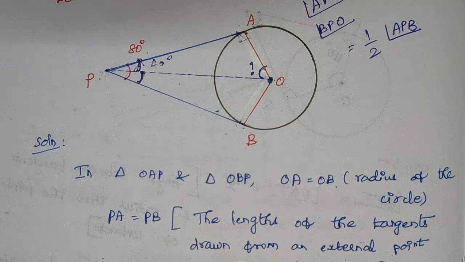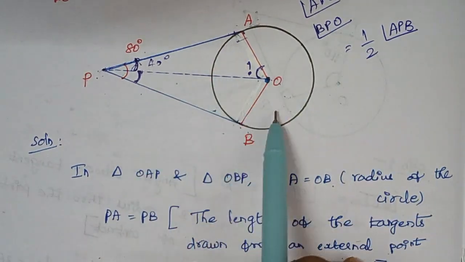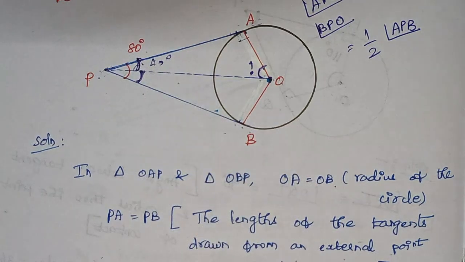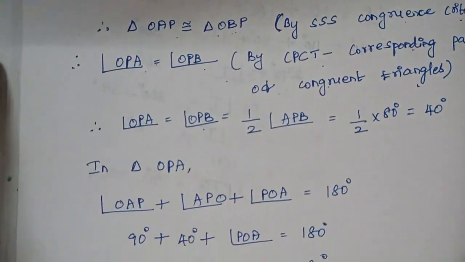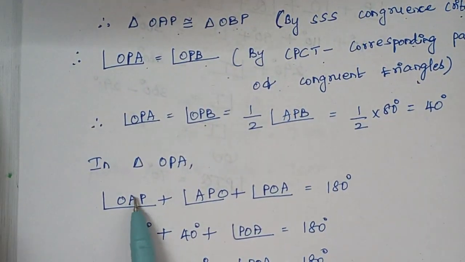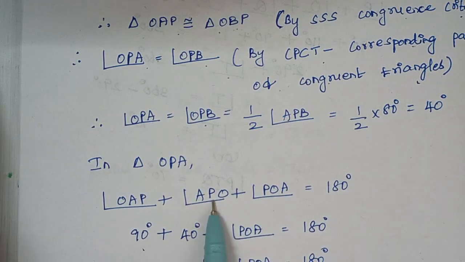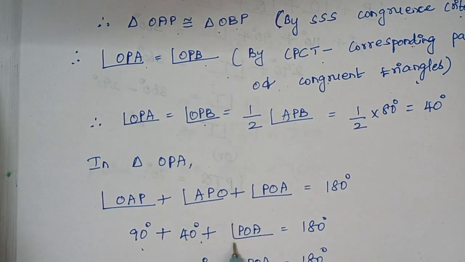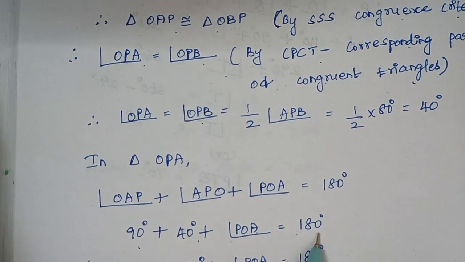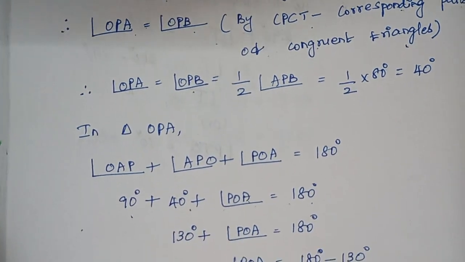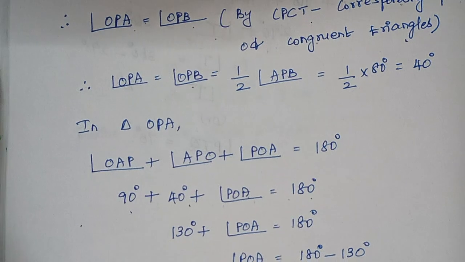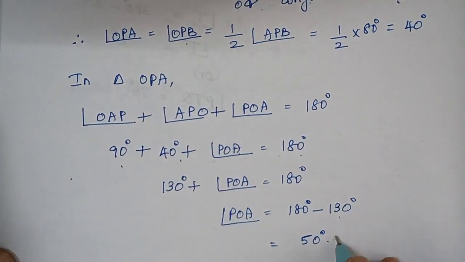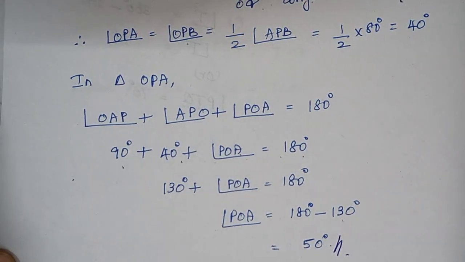In triangle OPA, the sum of the angles, angle O plus angle A plus angle P, is equal to 180 degrees. Angle A is 90 and angle P is 40 here. We need to find this POA, so keep it as such. So 90 plus 40 is 130. Therefore the angle POA is 180 minus 130, which is equal to 50 degrees.